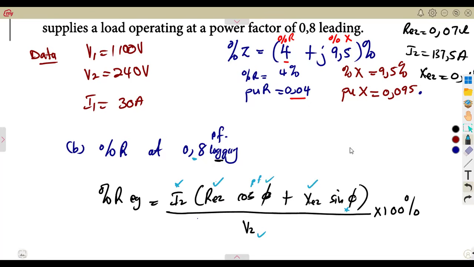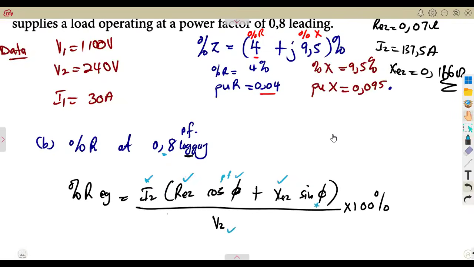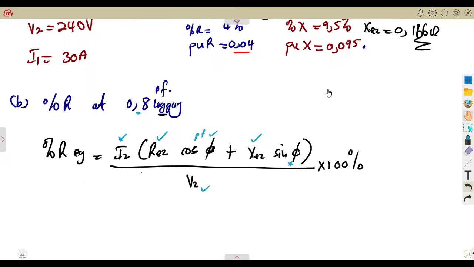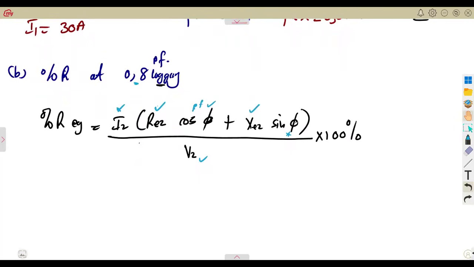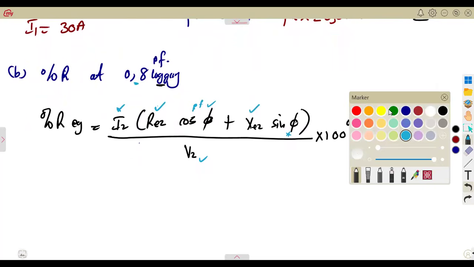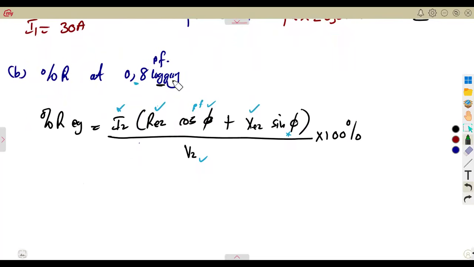So to find the sine of phi, we're going to first determine the angle, so that we can determine the sine of that angle. From where? From the cos. Remember, cos phi represents the power factor. So if cos phi represents the power factor of 0.8, phi is going to be arc cos 0.8.